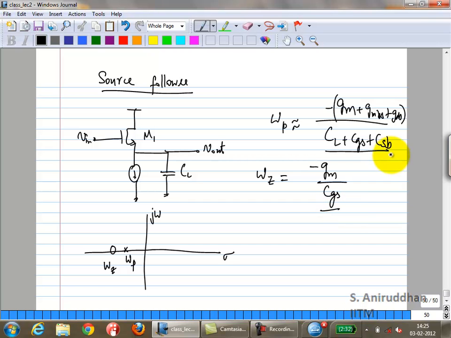If you look at the denominator, you have CL, which is definitely going to be significant, comparable to CGS for sure. So definitely omega z is going to be larger than omega p. If you draw it on the S plane, omega p is going to be at one point, and omega z is going to be larger, to the left of that.